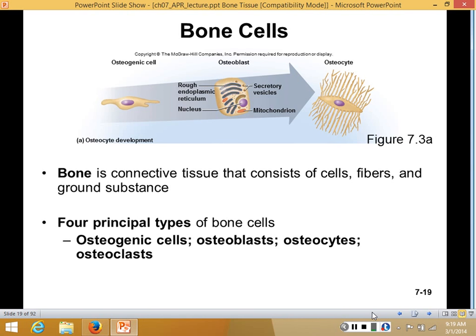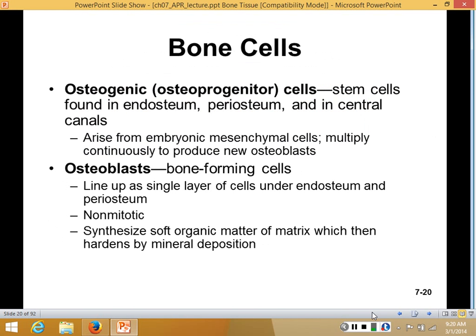The macrophages, the monocytes, the lymphocytes, and things of that sort. Osteoblasts and osteoclasts are responsible for bone remodeling. We're going to talk about bone remodeling in this chapter. Bone remodeling continues throughout life, okay? It's just a regular part of bone maintenance.